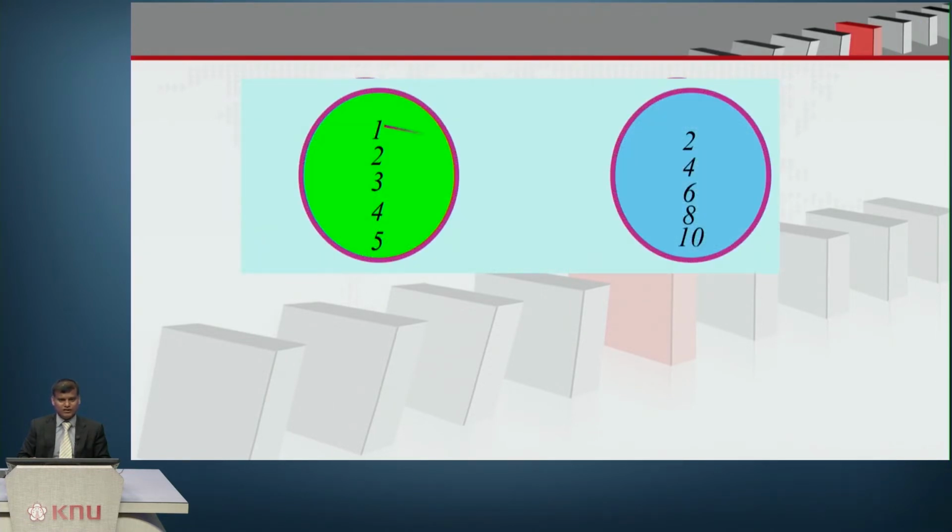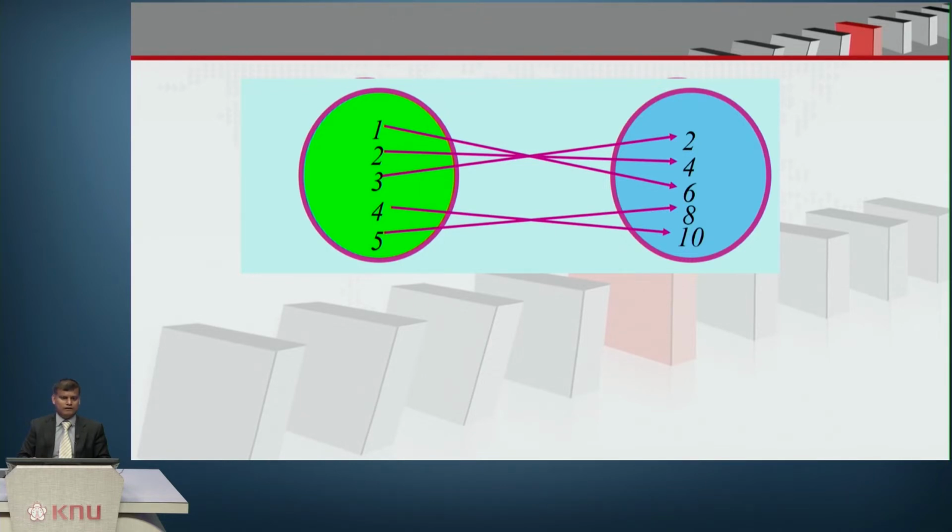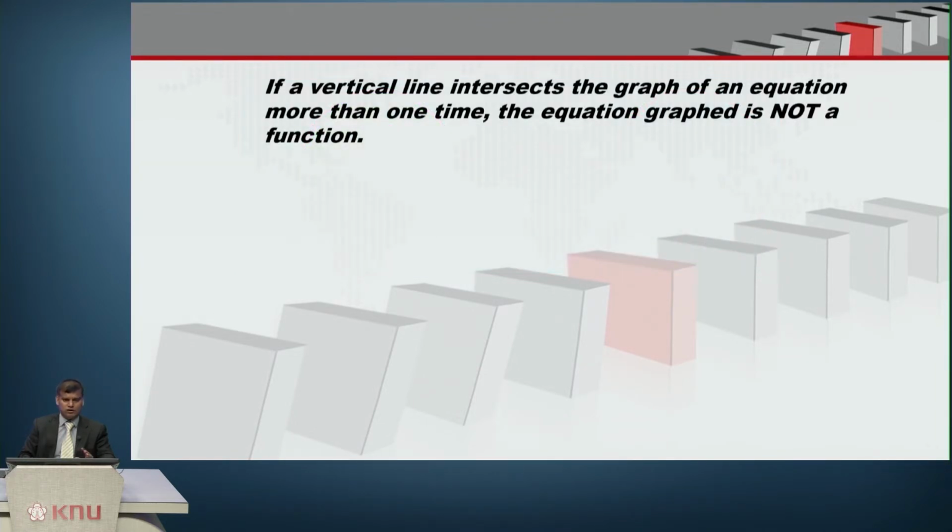We have seen earlier how things might look. So this is an example in which you have 1, 2, 3, 4, 5 and 2, 4, 6, 8, 10, and uniquely they are mapped. All the domain and codomain elements are mapped uniquely. Then it is possible for us to find the inverse.